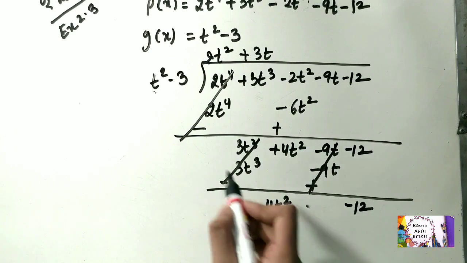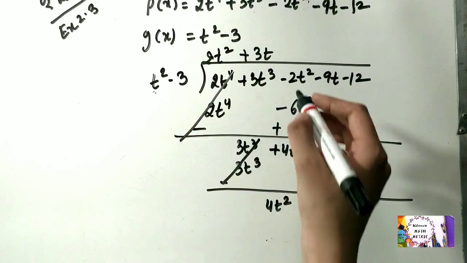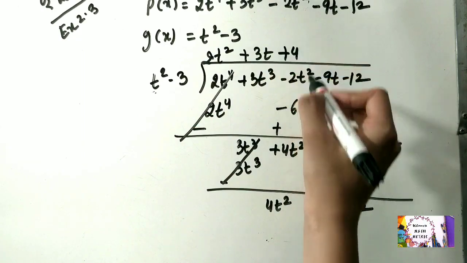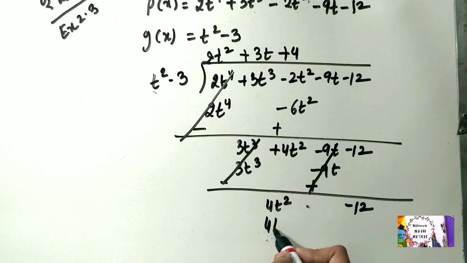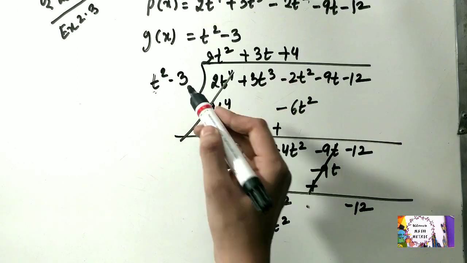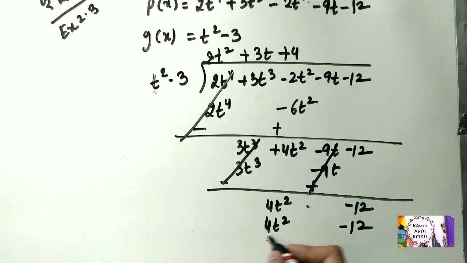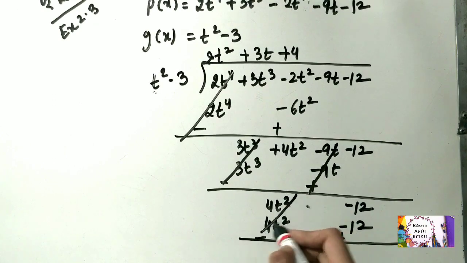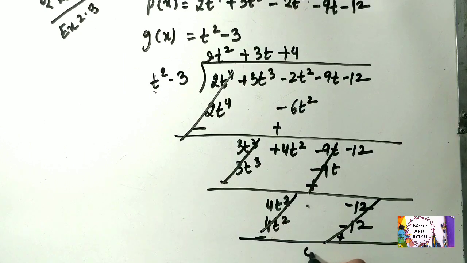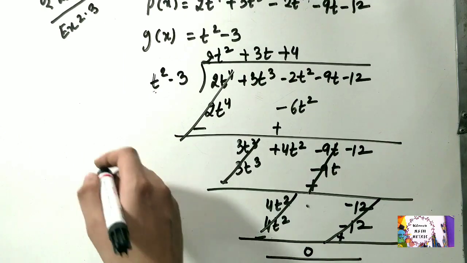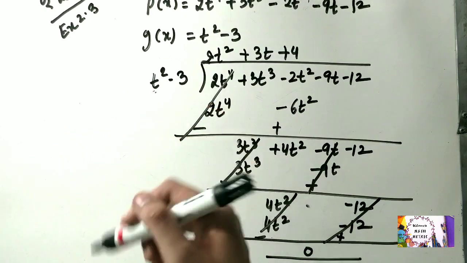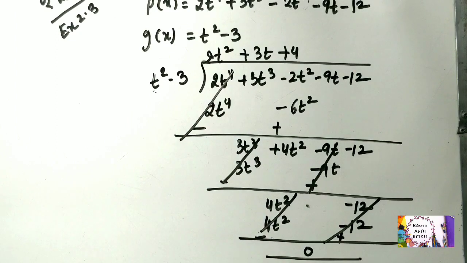Now by which quantity t square should be multiplied to get 4t square is 4. So we'll get 4t square here, multiplying this we get minus 12. So changing signs, this gets cancelled and our remainder is 0. So we'll write yes, gx is a factor of px.